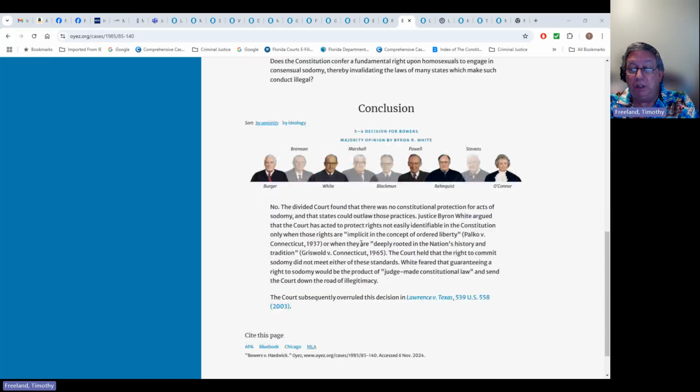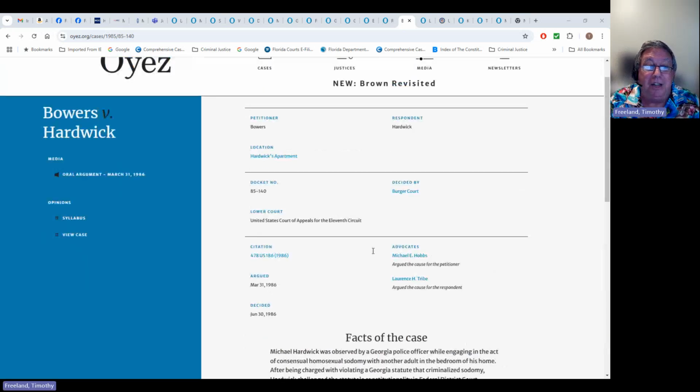And the U.S. Supreme Court said, ew, that is not going to be, we're not going to allow that. And so they found that there was no constitutional right, despite the privacy things that they had been talking about earlier, that doesn't extend to homosexual activity. And that's 1986.